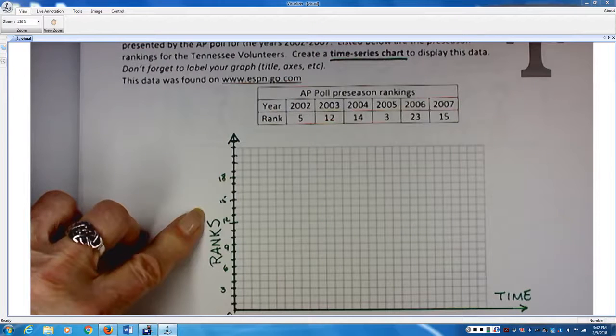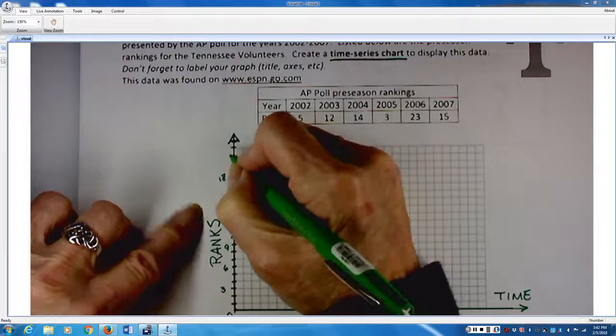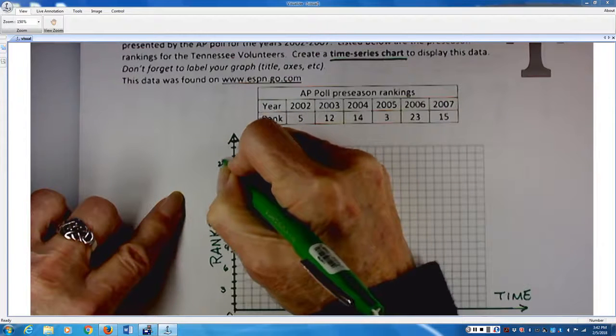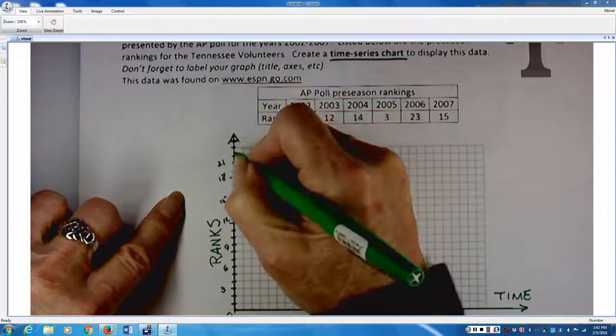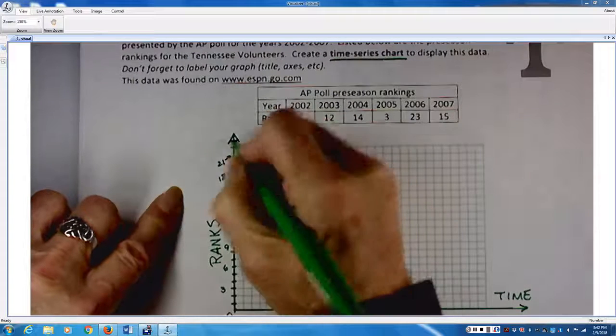Their 23rd ranking is going to be up there a little bit off the chart. So 21's right there, and this is 23.